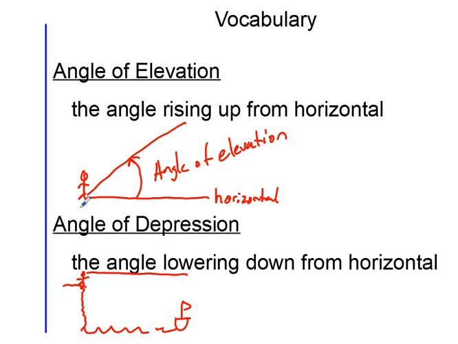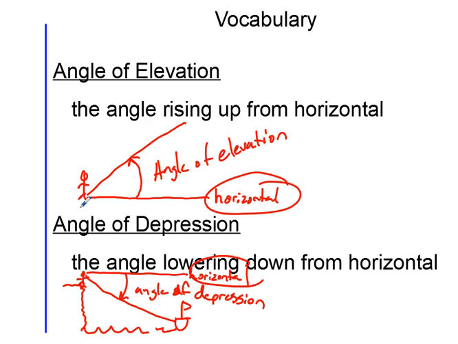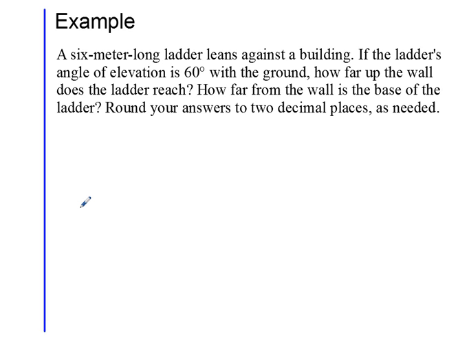But as your glance lowers down, now you see the boat. Lowering down from horizontal is your angle of depression. Again, both of these start by being exactly horizontal. One looks up and the other one looks down.